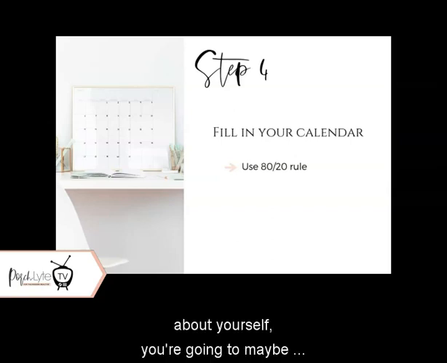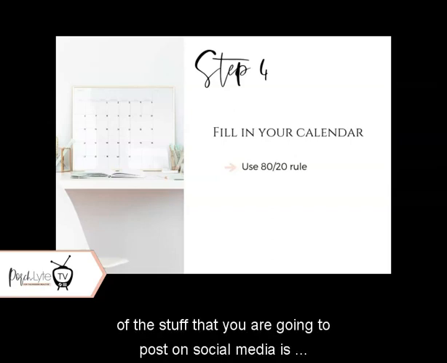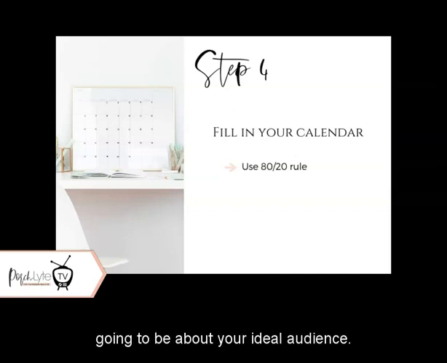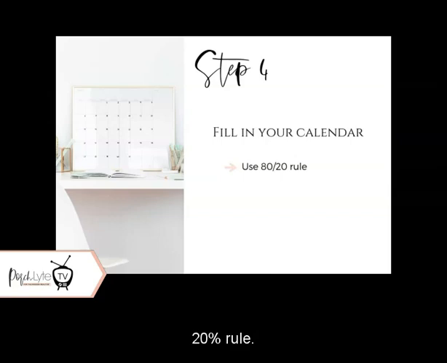And when I say talking about yourself, you're going to maybe showcase your new listings or have a buyer testimonial. Maybe talk about an activity that your office has done lately. So 80% of what you post on social media is going to be about your ideal audience. So it's super important that you remember this 80-20 rule.